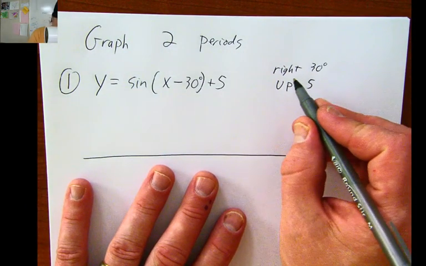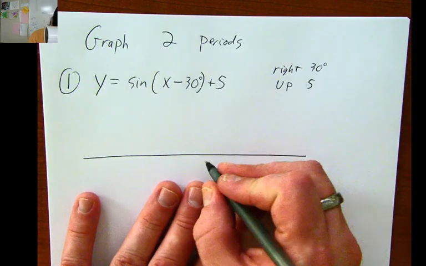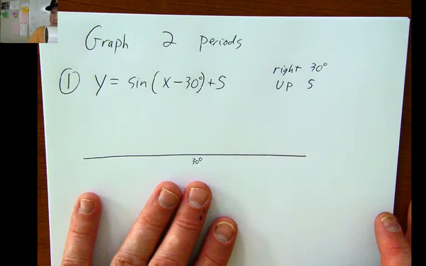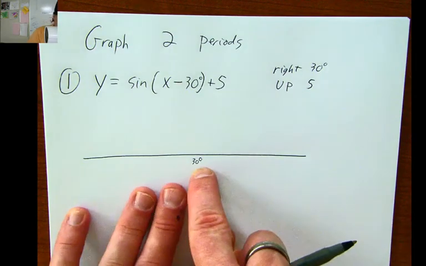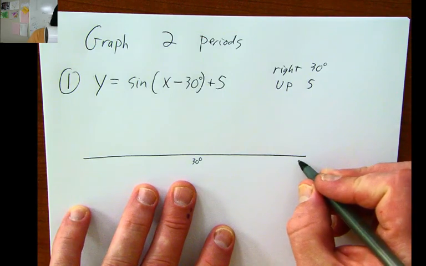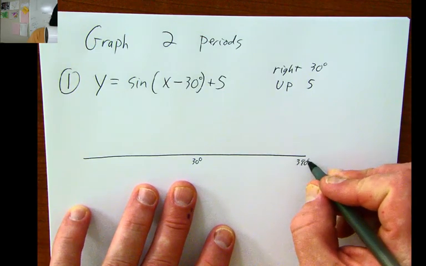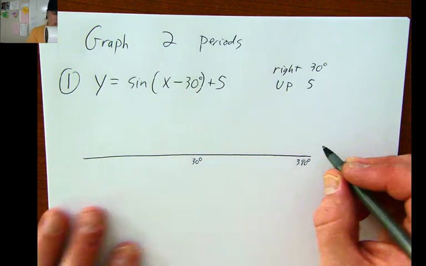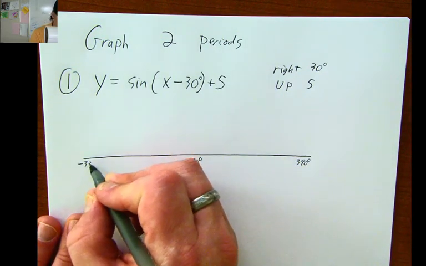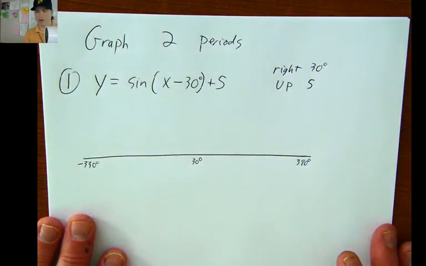So this 30 degrees is kind of my starting point. So I'm going to put 30 degrees right here in the middle. And if I go forward 1 full period, an extra 360 degrees, that would put me at 390 degrees. And if I went 360 in the other direction, that would put me at negative 330 degrees.